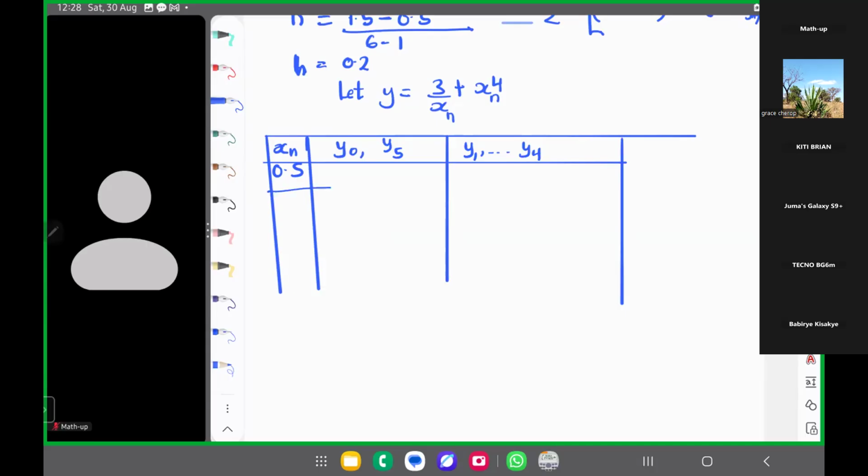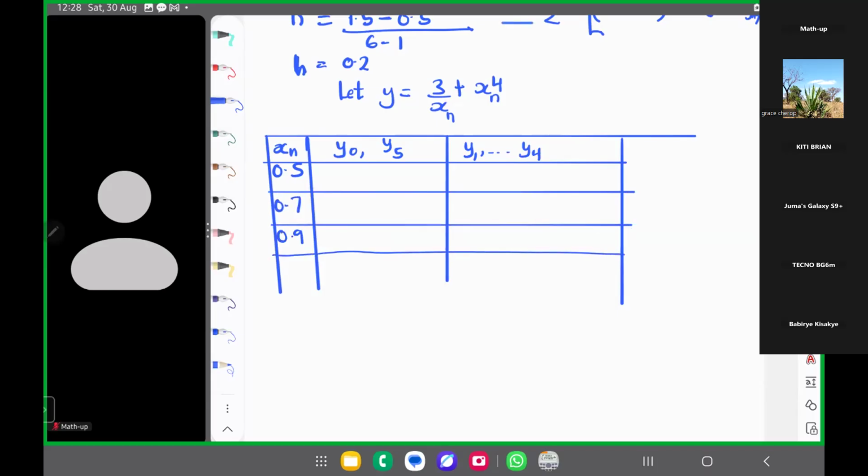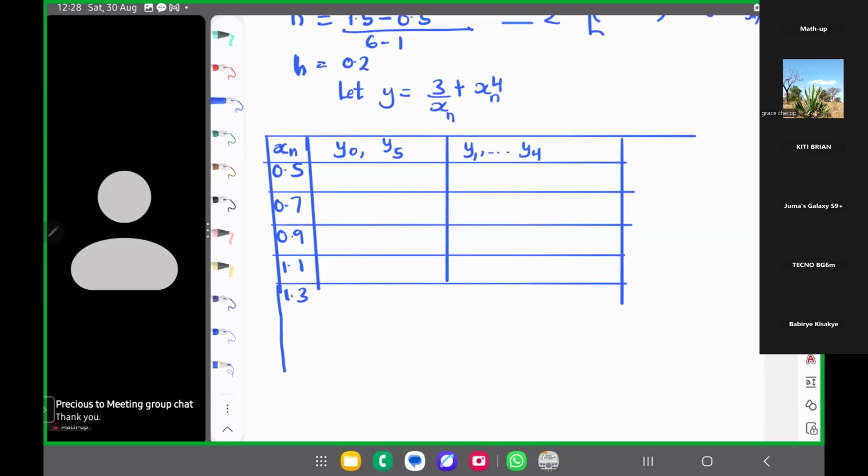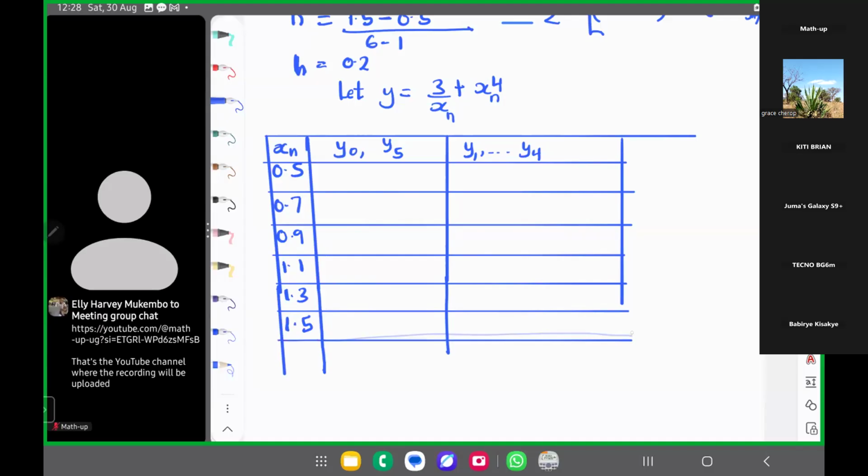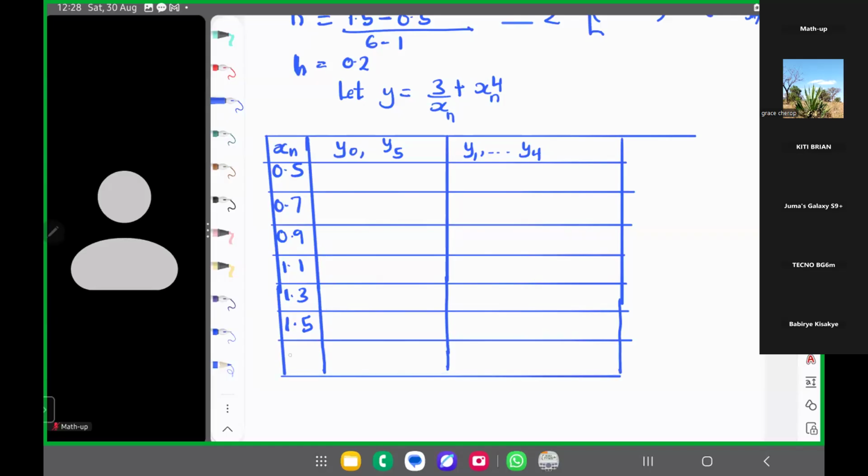From 0.5, we shall go to 0.7, then 0.9, then 1.1, 1.3, and lastly 1.5. Our last row will have our sums.